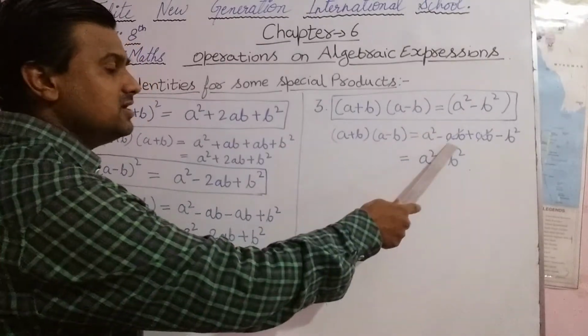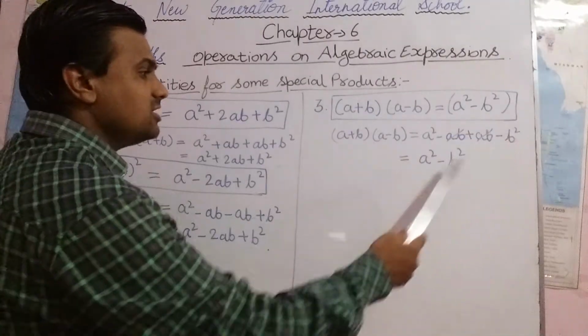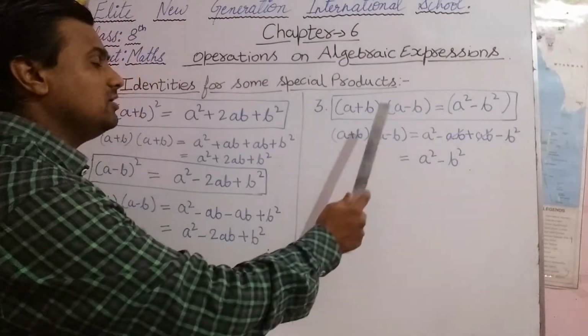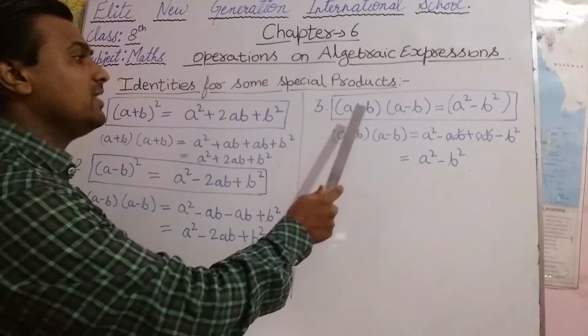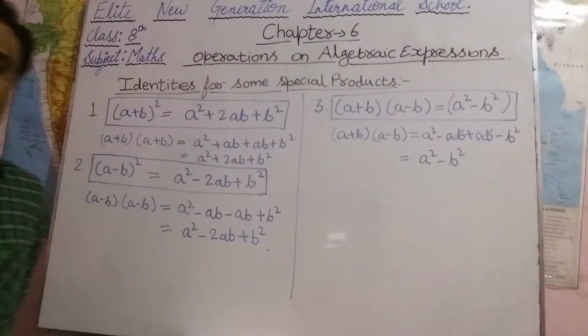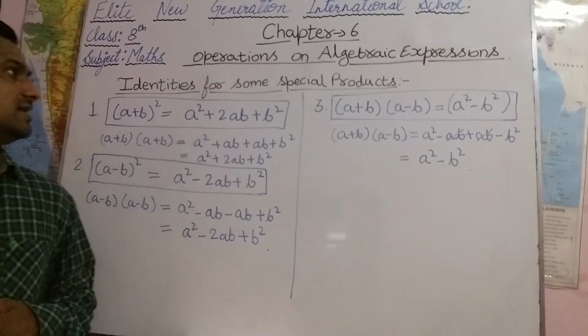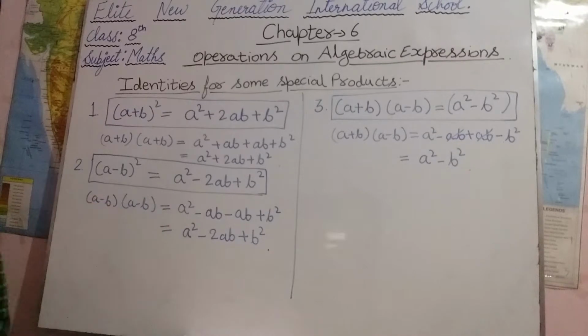Here minus ab and plus ab will cancel, and a square minus b square will remain. So therefore the third identity is (a plus b)(a minus b) equals a square minus b square. These three identities are very important for our next exercise. So first of all you have to learn these identities.